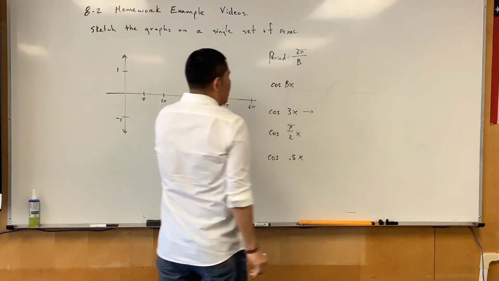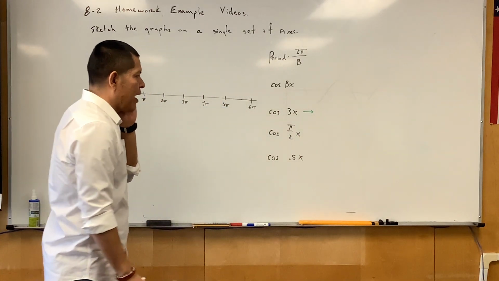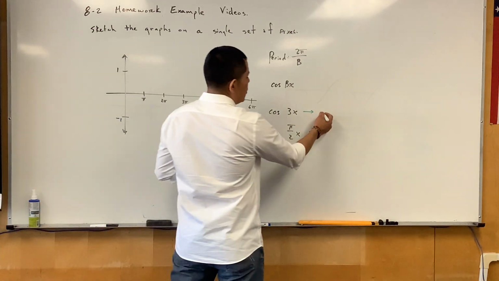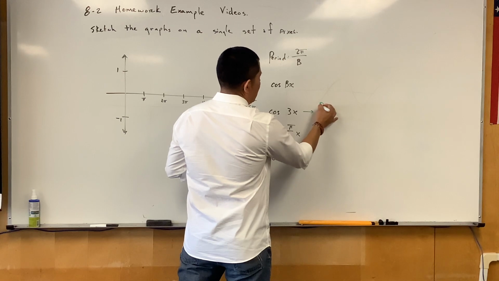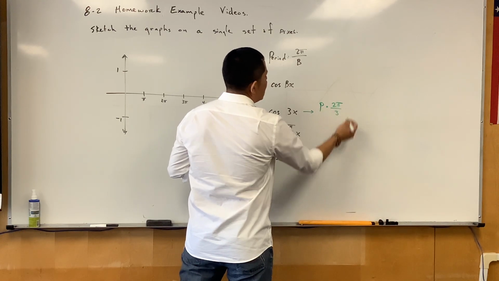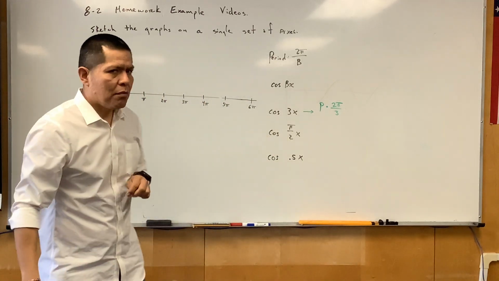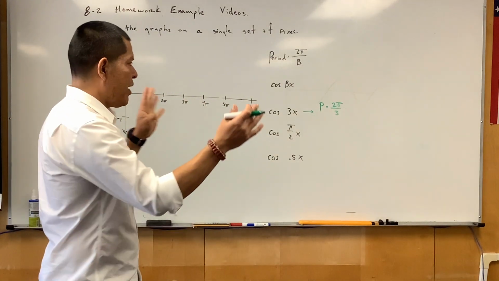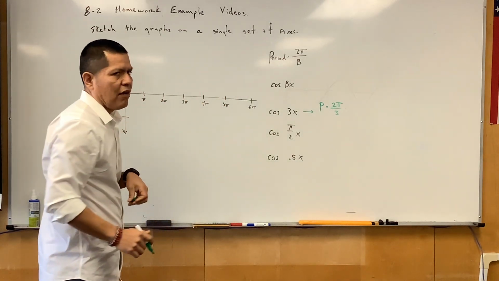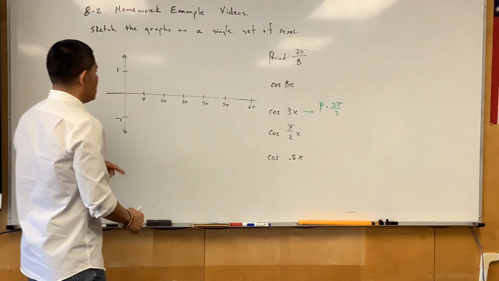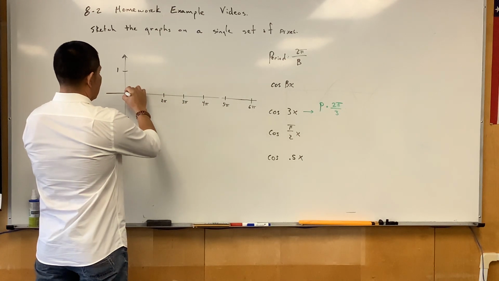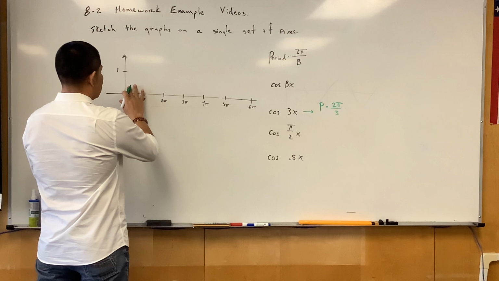So for the cosine of 3x, we have to find out what one period is. We take 2 pi divided by 3. That says one period is compressed to 2 pi divided by 3. Normally it's 2 pi, that's the normal cosine function.